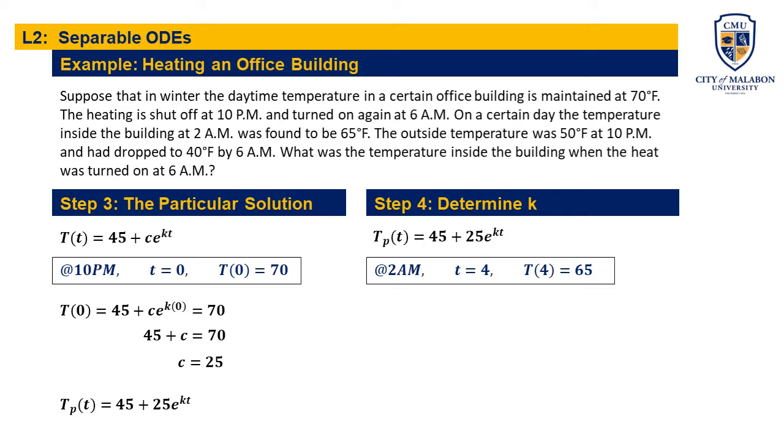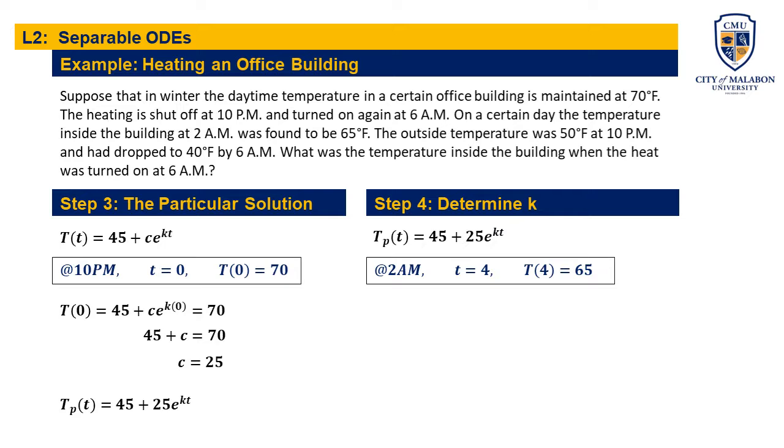Since we know that we started our time at 10 p.m., 2 a.m. is already 4 hours after 10 p.m. That gives us t is equal to 4, and the temperature after 4 hours is equal to 65.